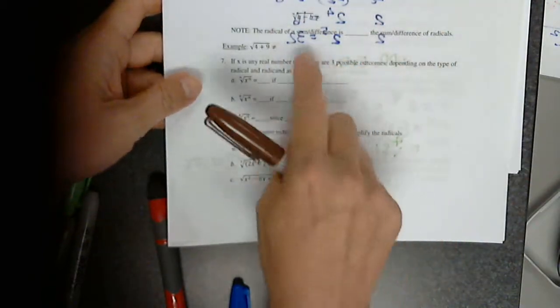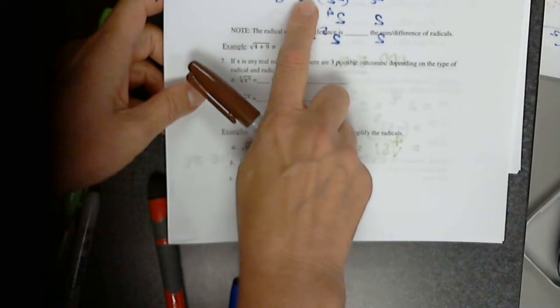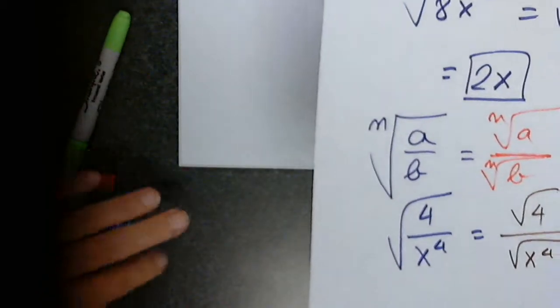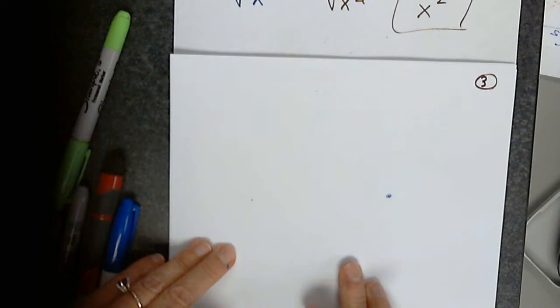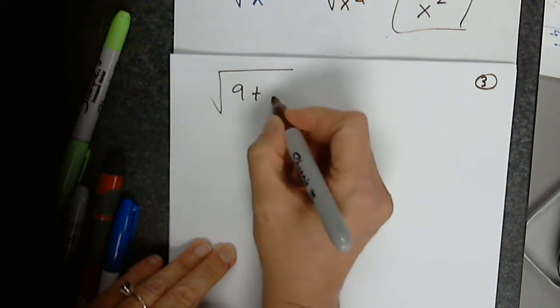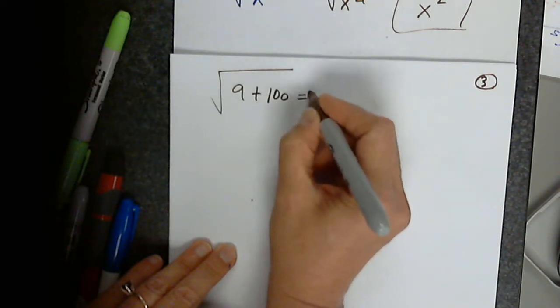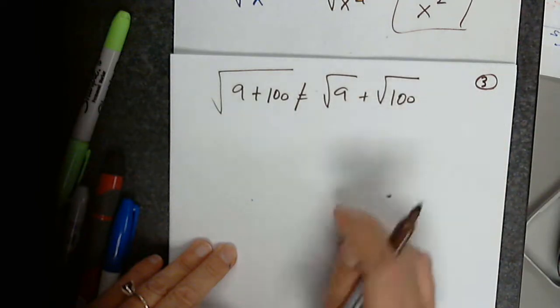Okay. So now this one is what I can read because of the back. So we have to be very clear with this, because maybe next time I should put this rule on our agreement. The square root of 9 plus, let's say 100, does not equal the square root of 9 plus the square root of 100.